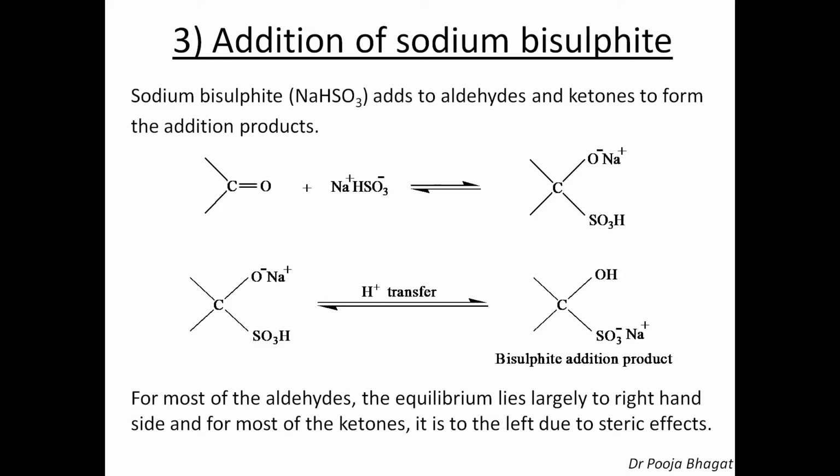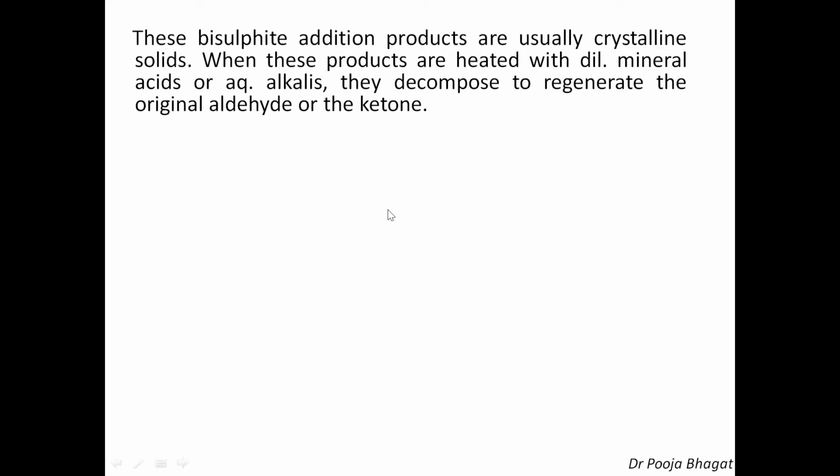For most of the aldehydes, as you can see, it is an equilibrium reaction, and the equilibrium lies largely to the right hand side. That means you get the product when the starting material is an aldehyde. But for most of the ketones, due to steric hindrance, the equilibrium is more towards the left hand side. Now these bisulfite addition products are usually crystalline solids.